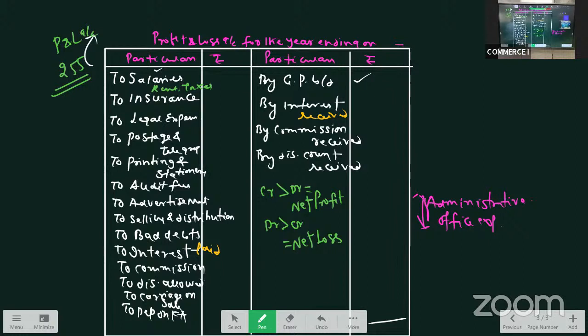On the debit side, he gave salaries, rent, rates and taxes, insurance, printing and stationery, audit fees, legal expenses, general expenses, repairs, then carriage outward. Carriage outward is carriage on sales. Then advertisement, bank charges, commission, bad debt, traveling expenses, packing expenses, discount allowed, interest on capital, interest on loan, some other losses. And on the credit side, he gave discount received, interest received, commission received, rent received. Like this.